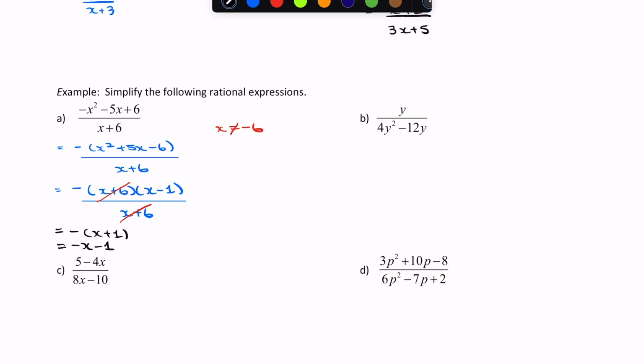For b here, we have y over 4y squared minus 12y. First thing we'll do, common factor 4y from the bottom, left with y minus 3. So here, two restrictions. Again, the 4y means that y cannot be equal to 0, and y minus 3, which means that y also cannot be equal to 3.